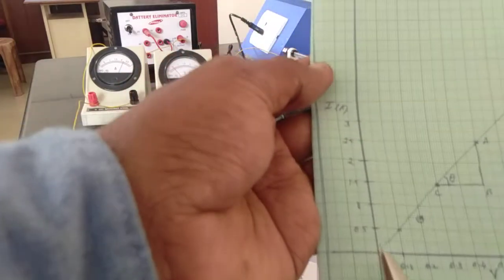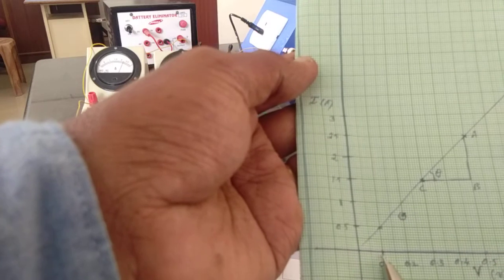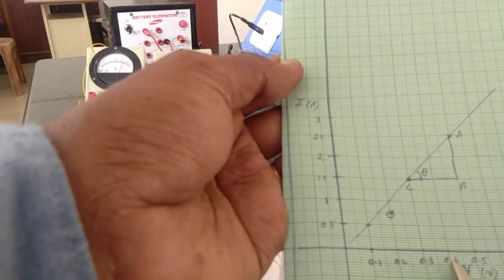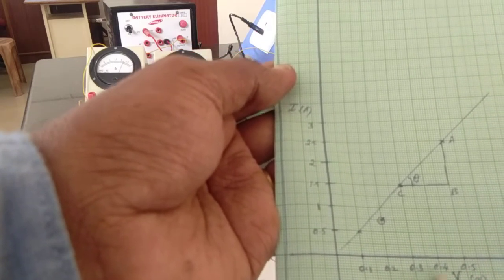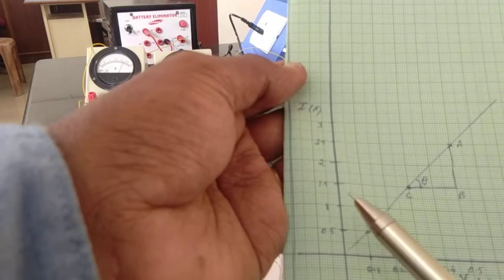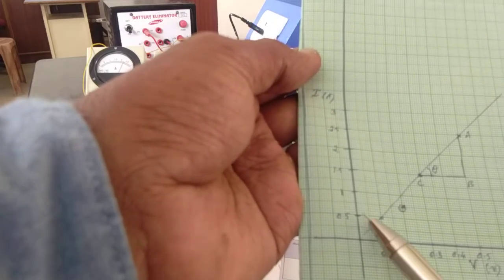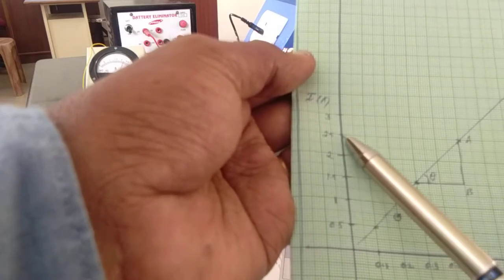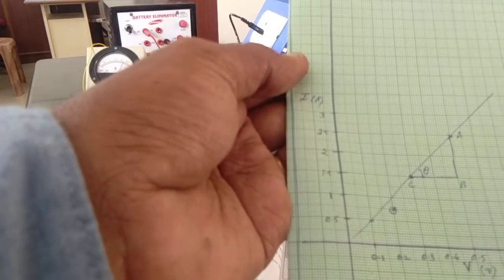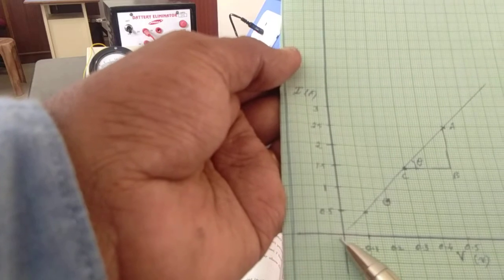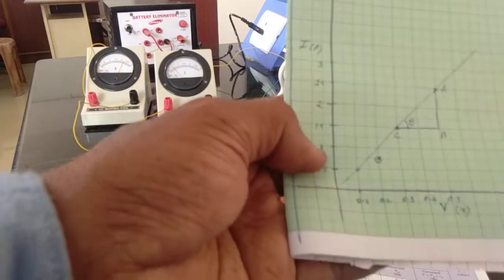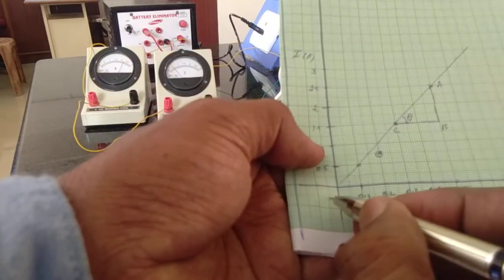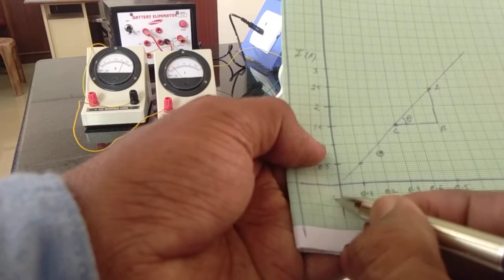So please see 0.5, 1, 1.5, 2, 2.5, 3 like that. This is termed the origin, which I will mention as O.